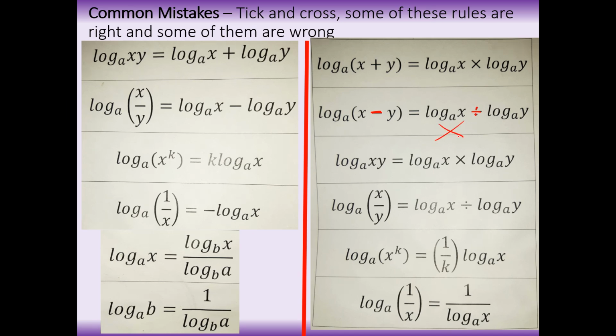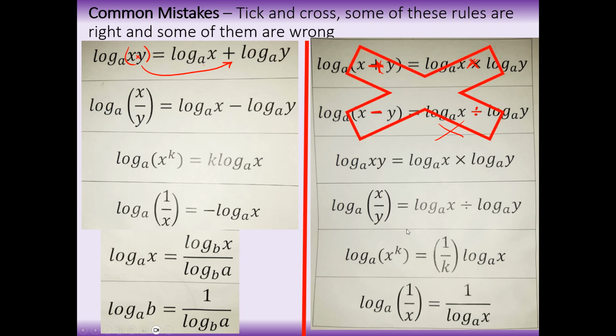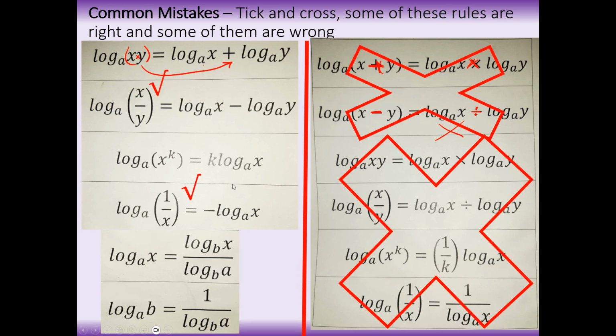No, that's not what we said. We didn't say if you have plus here, you can turn it into multiplication. Only if you have multiplication, you can expand the logs, write it as two separate logs, and then add a plus sign. So there you go, these are the wrong ones, those are the correct ones.